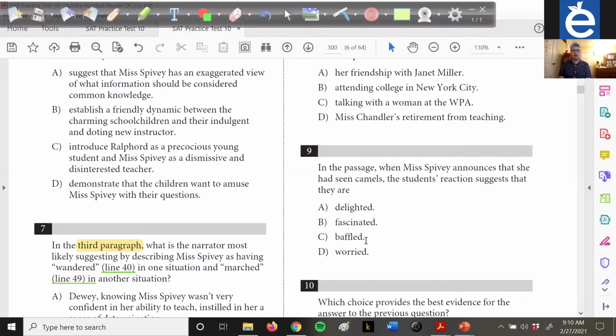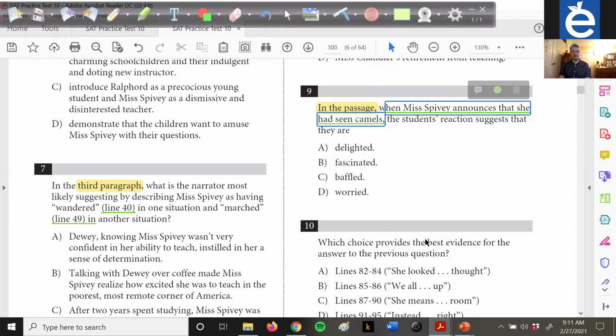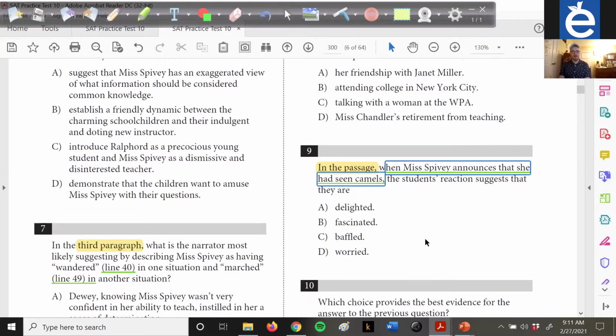In the passage, when Miss Spivey announces that she had seen camels, the students' reaction suggests that they are... Okay, so looks broad. However, we are looking at a very particular point. So it's going to have to do with this particular thing, when Miss Spivey announces that she had seen camels.